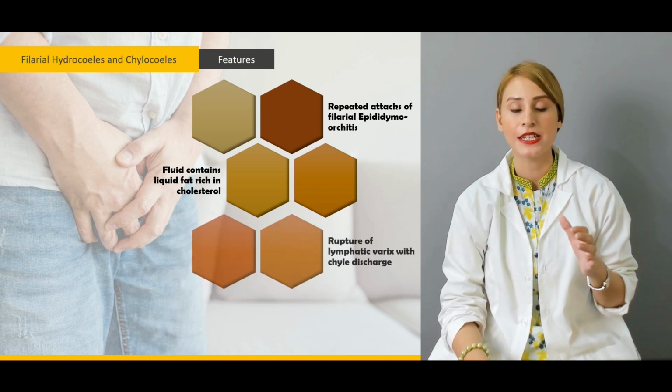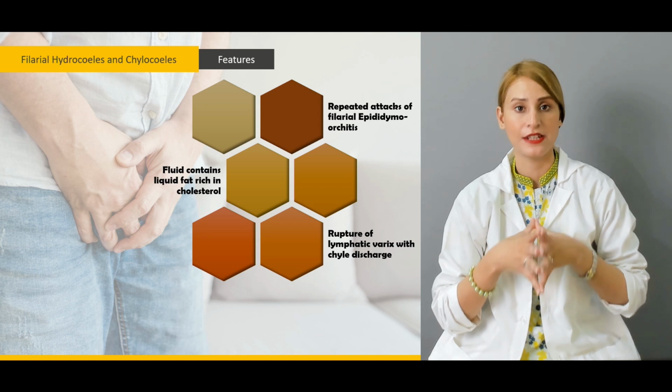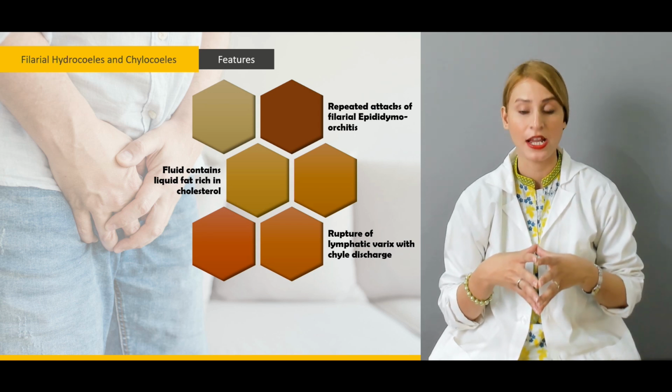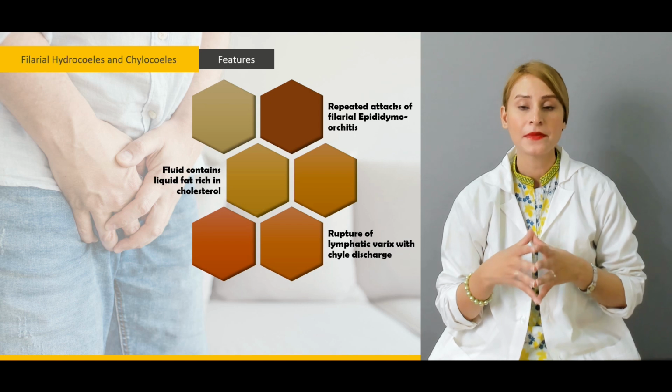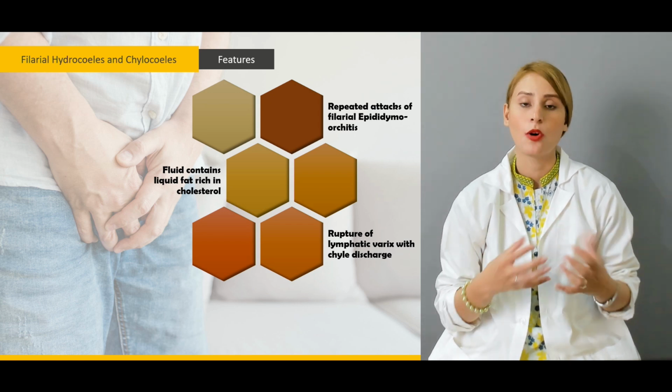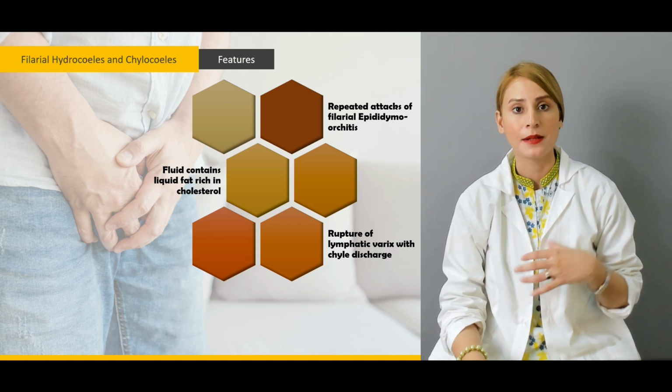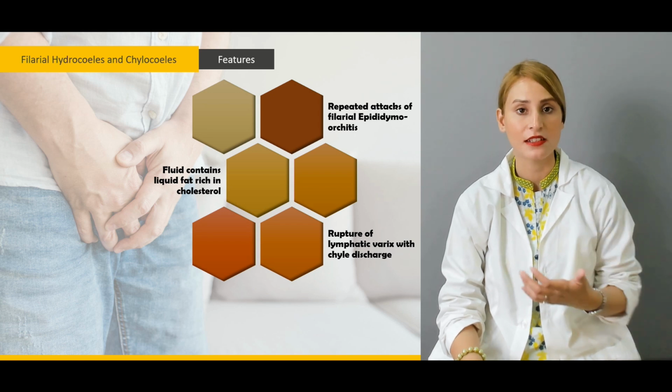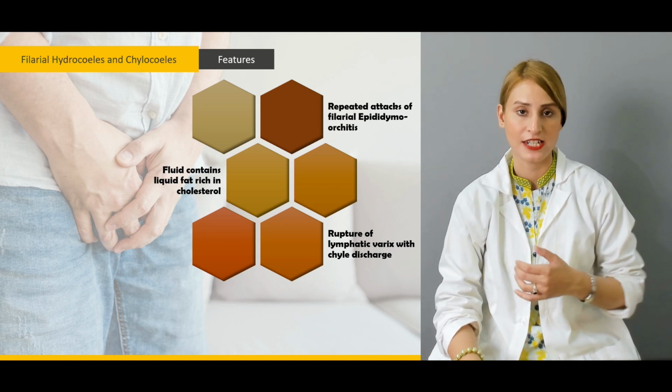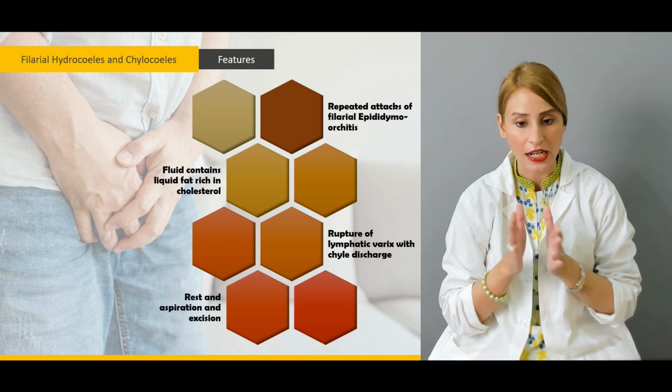In case of the filarial hydroceles, you have to treat the infection. Sometimes when there's a rupture of the lymphatic channels, fatty or cholesterol infiltration takes place, and that leads to the formation of chylocoeles.